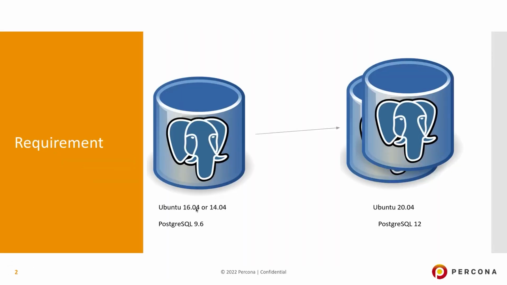It is a very common requirement to upgrade the PostgreSQL version, which is running on old hardware or an old machine, to a new machine with a new PostgreSQL version and a new host operating system. How to achieve this?